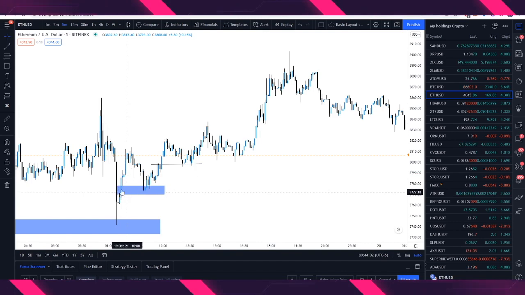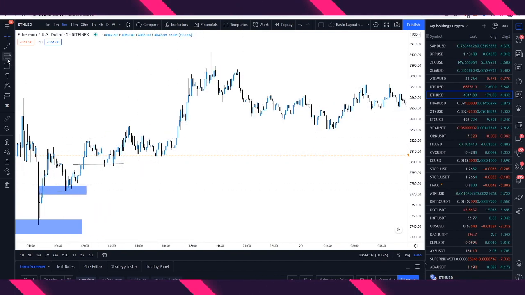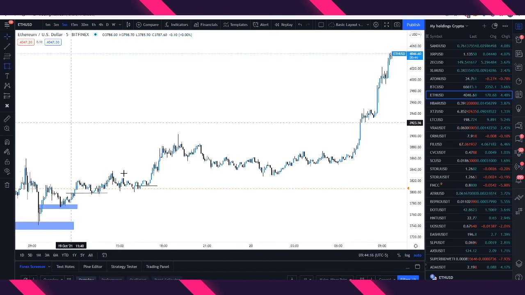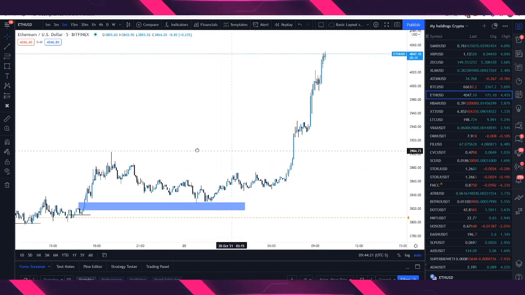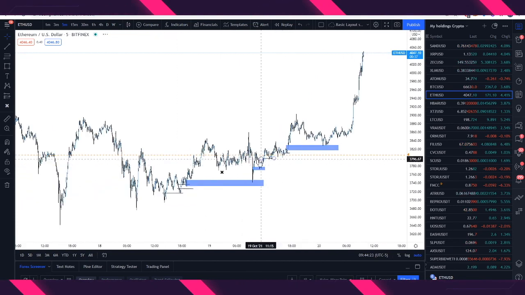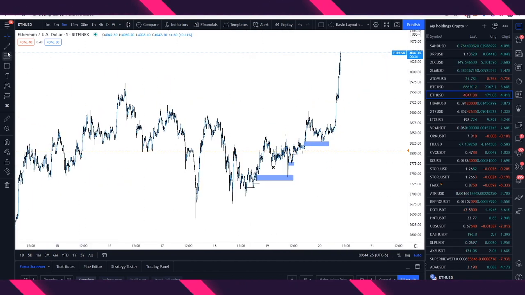This was the only inefficiency, filled. This was the efficiency, filled. Inefficiency in here, filled. Now you have imbalance right here that gets created, pushes down into it a little bit, filled, and there you have it. Now we're expanding a lot higher.